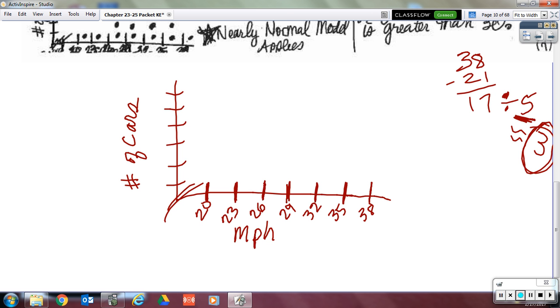Okay, so there are my bins. Each one of those, think of as a bar that will come up out of those spaces. The first number is 29. Where will 29 go? It doesn't go on a line, but look, the line is 29. So if 29 is on a line, which bin do I put it in? To the right.